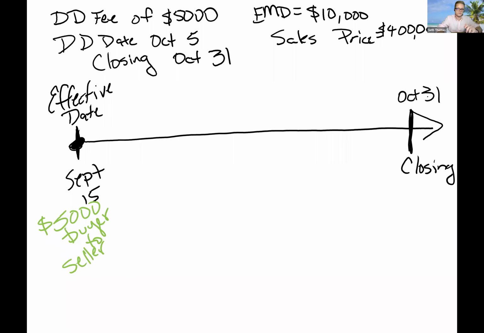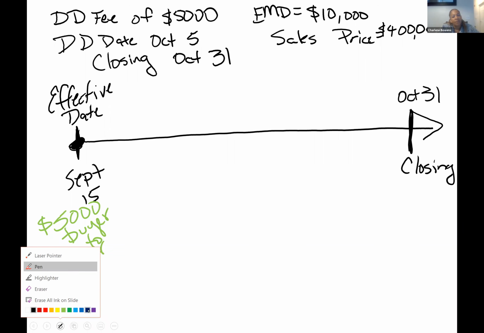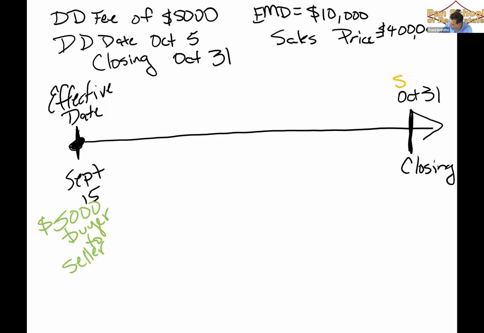Exactly. Now, how much does it cost in total if that buyer was to ride this thing all the way to the end and get to closing? $400,000. Because remember, the purchase price is the purchase price. These other numbers are not in addition to.